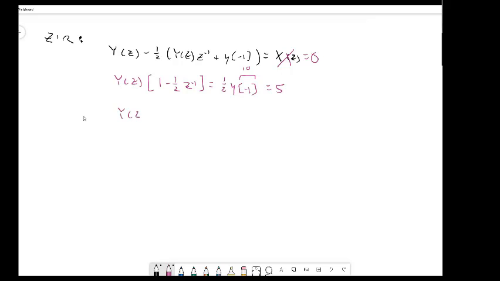So we have that Y of z is 5 over 1 minus 1/2 z to the minus 1. If we multiply top and bottom by z, that's 5z over z minus 1/2. That's simple to inverse transform. That's simply 5 times 1/2 to the n u of n.